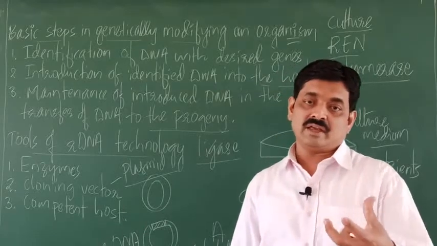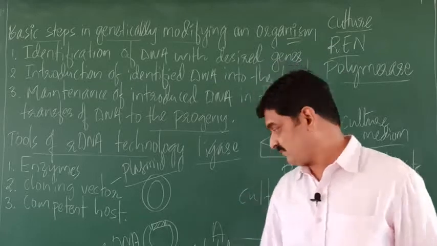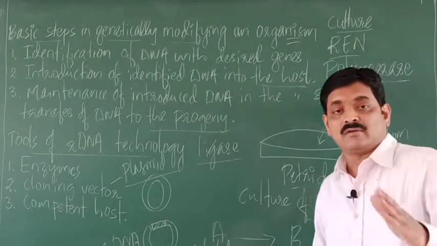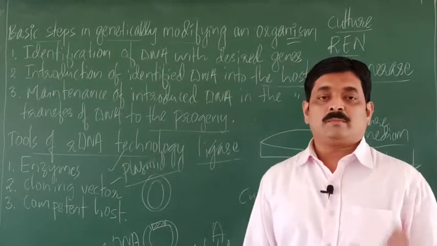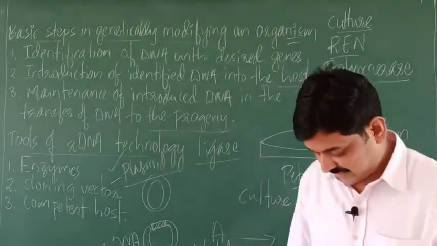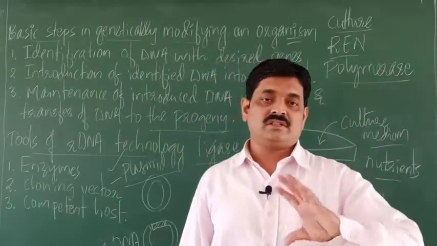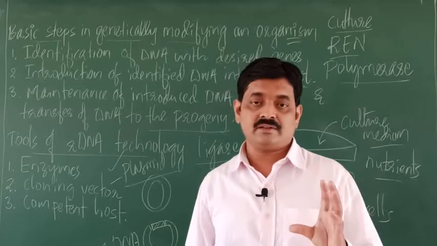Here vector is a vehicle to transfer a gene from the selected organism to the host. The example of vector is plasmid. So plasmid is used as a cloning vector, right? This is the vector which is used in cloning desired genes.